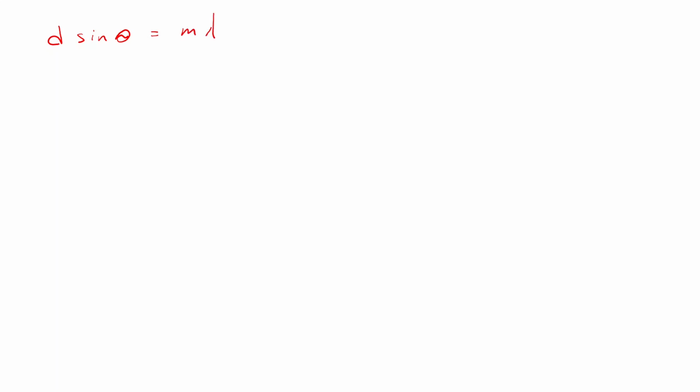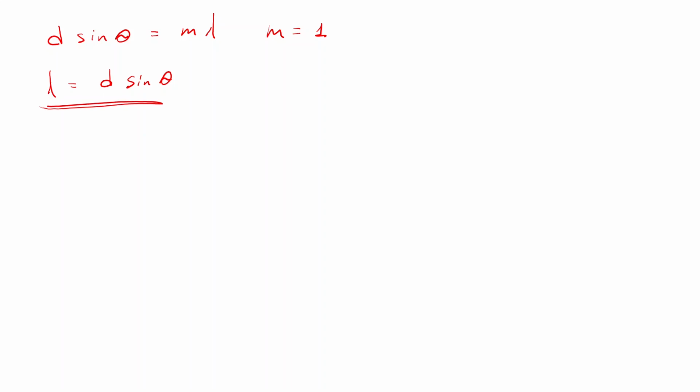We will consider first order diffraction maxima. That's why we can write that lambda is equal to d times sin theta. This is the condition of our first order diffraction.